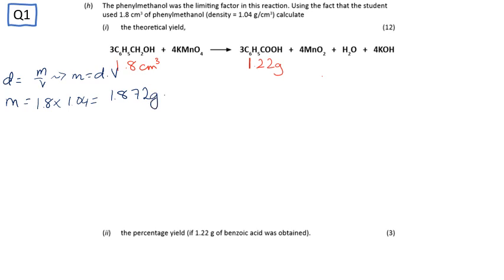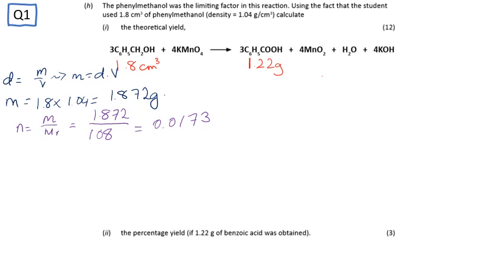My next step is going to be converting that to moles. So number of moles is mass in grams divided by Mr. My mass is 1.872, and separately I've worked out that the relative molecular mass of phenyl methanol is 108. Now you need to show your calculation of that just in case you make a mistake, because we want to get the maximum number of marks here as possible.